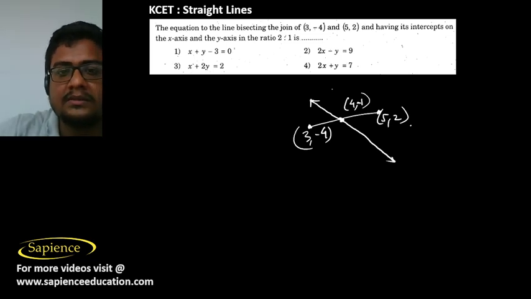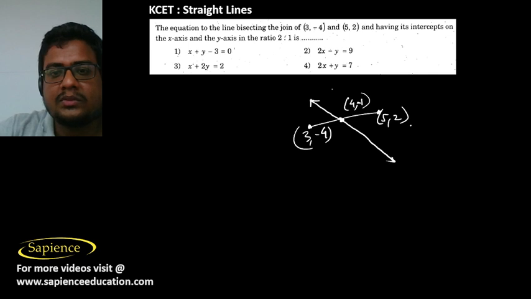The equation of the line bisecting the join. This is the line. Let's suppose its slope is m. Then suppose its x-intercept is 2a units and y-intercept is a units.